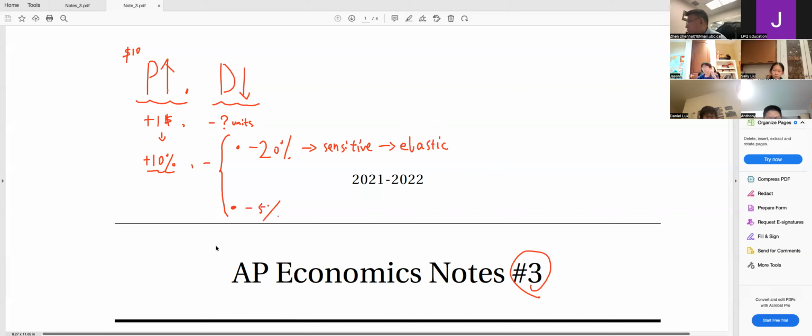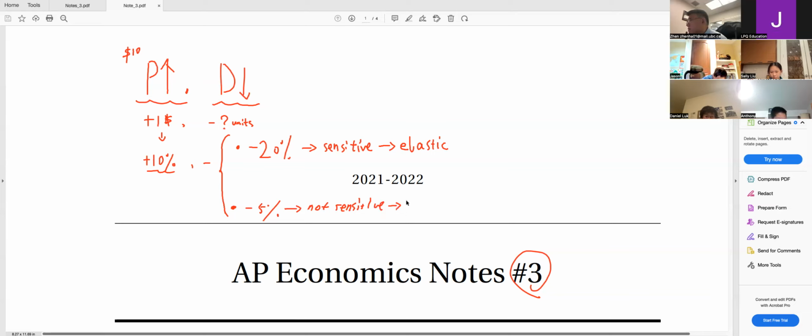People buy less, yes, but they don't reduce the quantity purchased by that much, just a little bit. 5% is smaller than 10%. This indicates that consumers, due to whatever the reason, are not sensitive about price change.